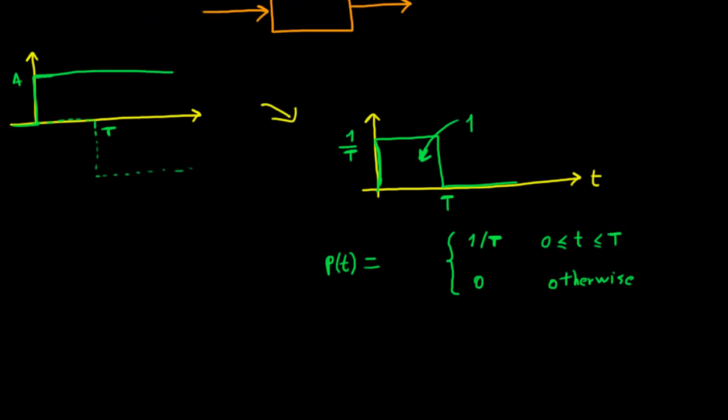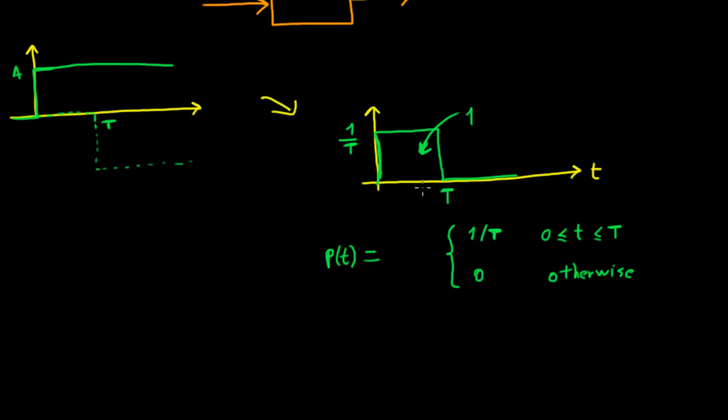Now, if we want to shorten the length of the pulse, but also we want to keep the condition of unit area, we get this kind of signal.